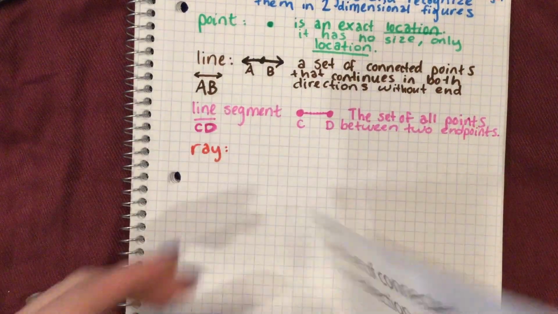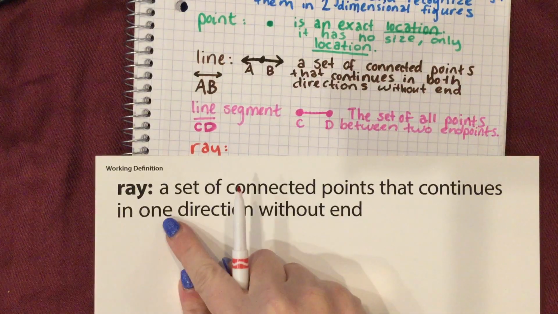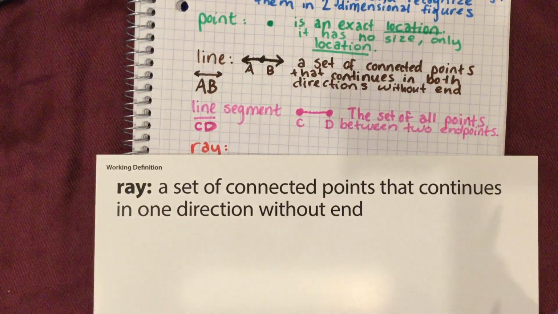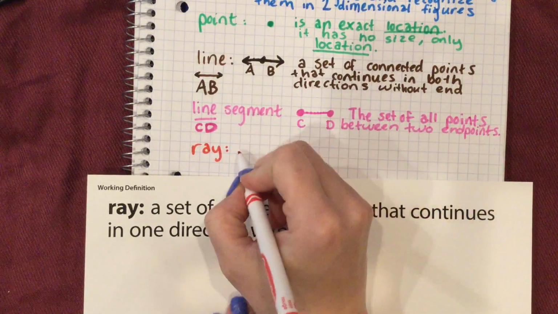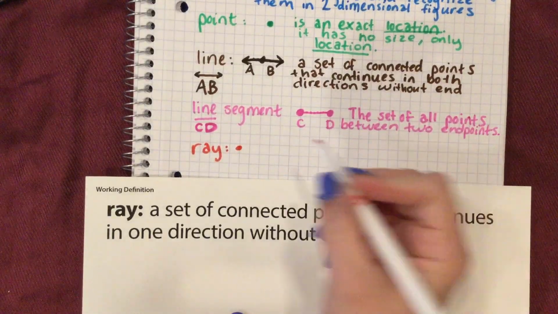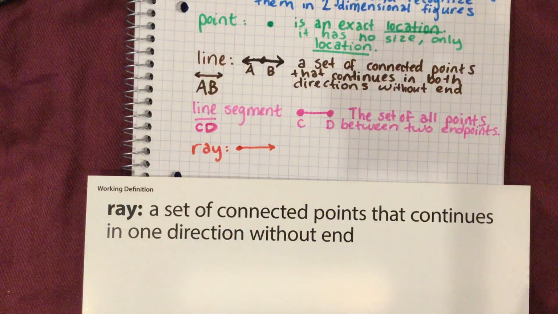So a ray is a set of connected points that continues in one direction without end. One direction. So a ray has an endpoint, but it continues in one direction without end.